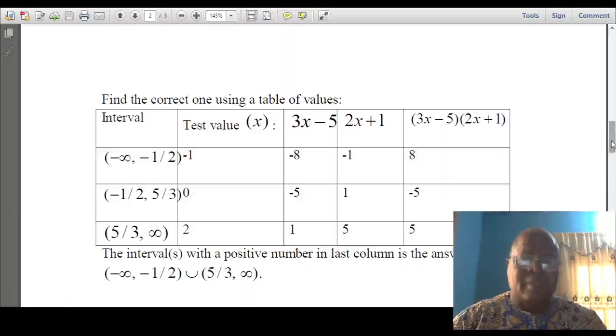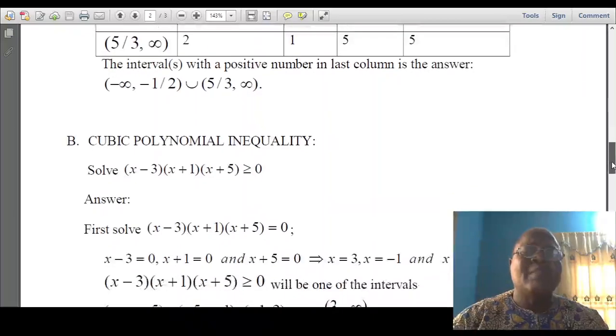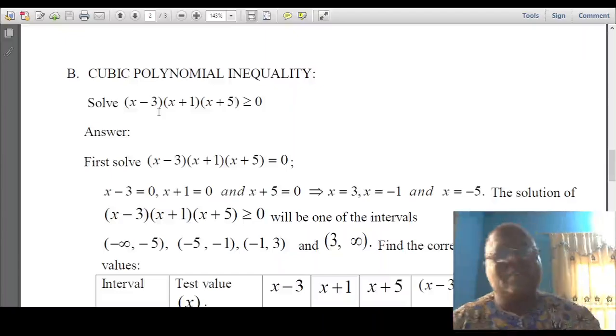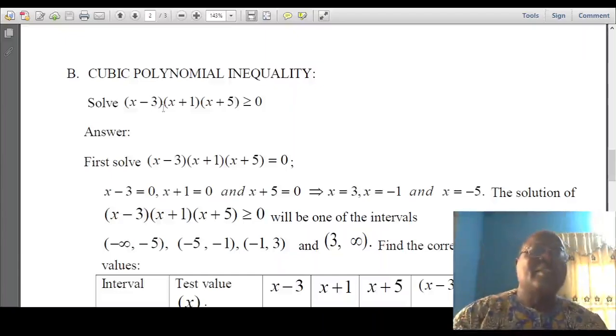That's good. Then, what about the cubic polynomial? The same situation will apply. We have more than 2 factors. Here, we have 3 factors for this problem: x minus 3 into x plus 1 into x plus 5 greater than or equal to 0. Of course, it's easy to solve.